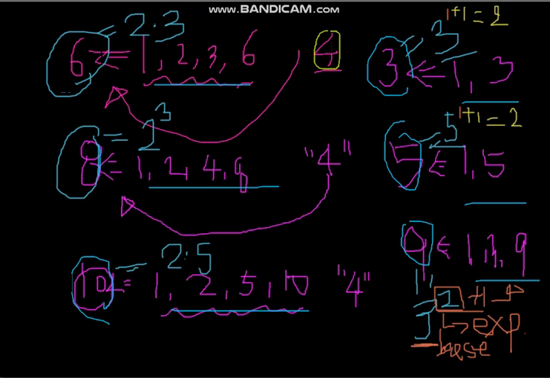Okay, and now what if there are two numbers? Let's finish with this first. So it's 2 cubed, and +1. You just add 1 to figure out how many factors this number has. So this is 4. So this is exactly 1, 2, 4, 8, right? And then now you have 2 and 5, and 2 and 3.